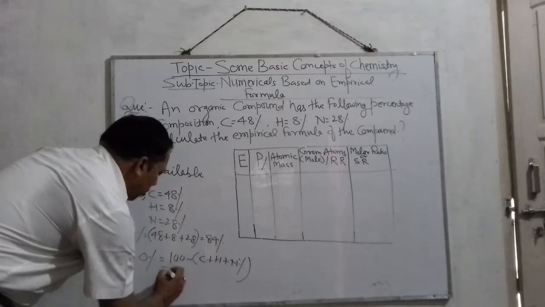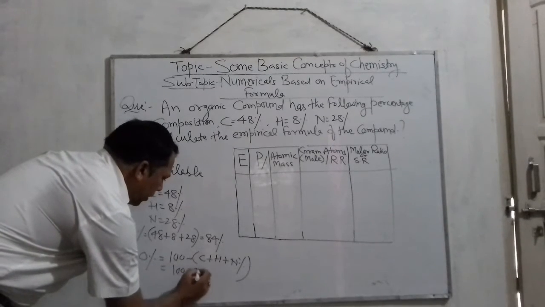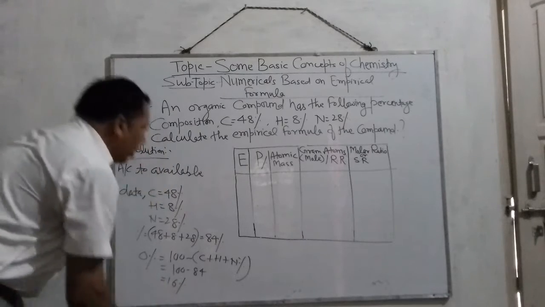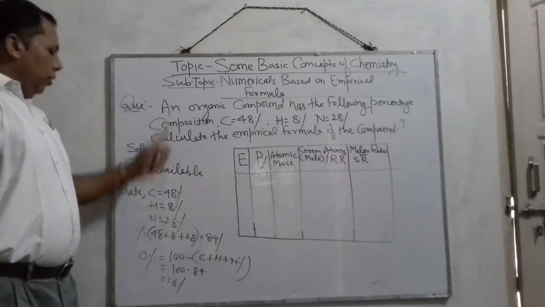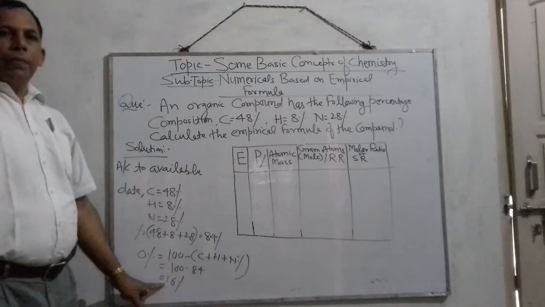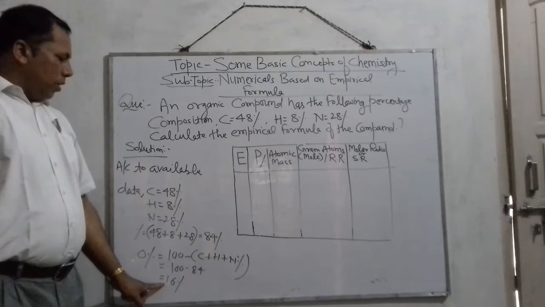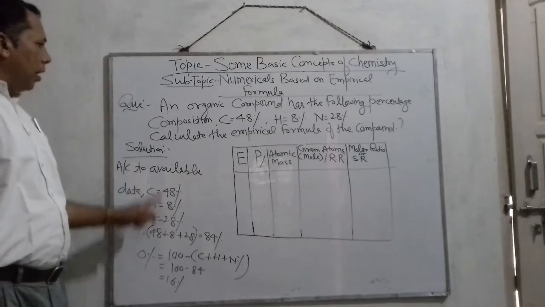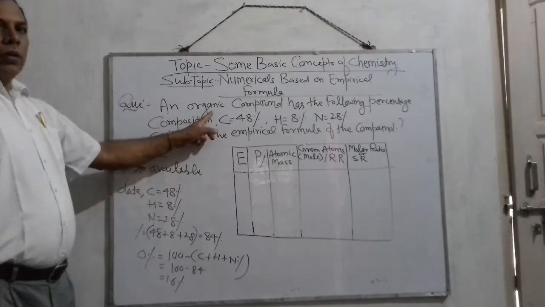So 100 minus 84, the percentage of oxygen in the compound will be 16%. Okay? So now there are 4 elements available in the organic compound.